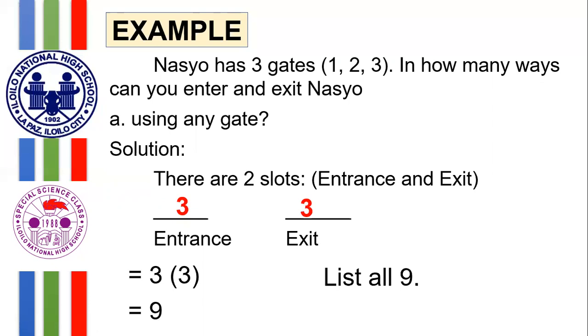And you might ask, are you sure there are 9? Maybe it's good if we list all the 9. For example, you could have 1, 2. 1, 2 means you enter at gate 1 and exit at gate 2. Let's say we have this notation, but for now, I will not place the parentheses.